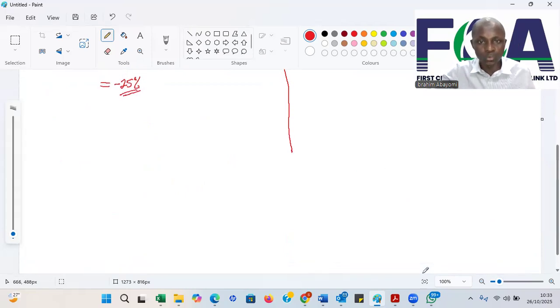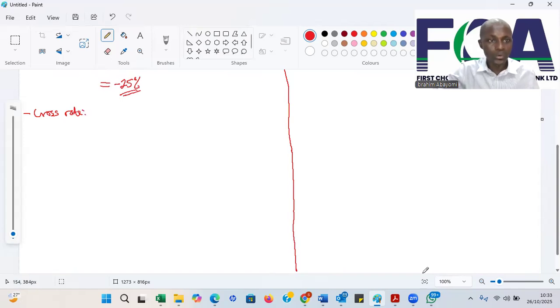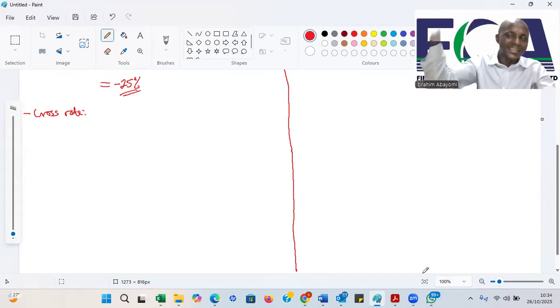Now let's move on to cross rate. Cross rate is a way of determining the exchange rate between two currencies in the market that is not apparently given. What do I mean by this?